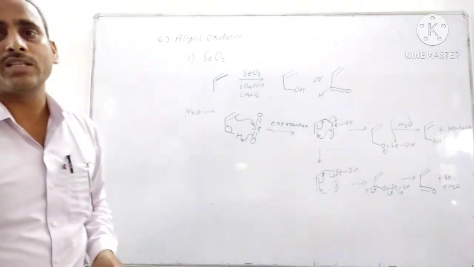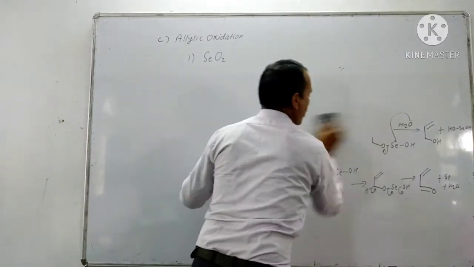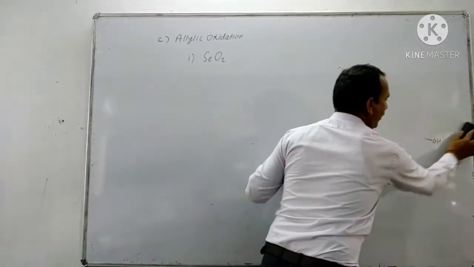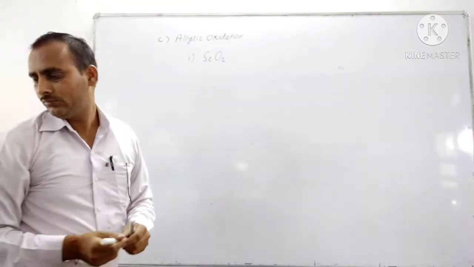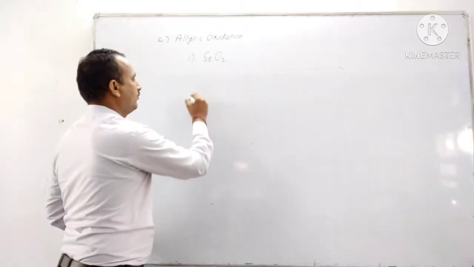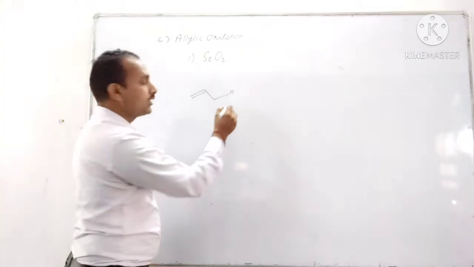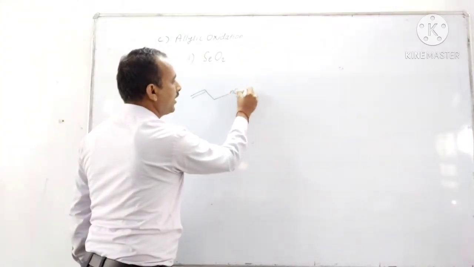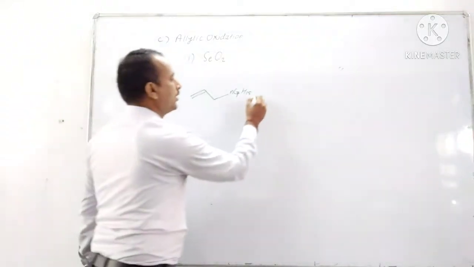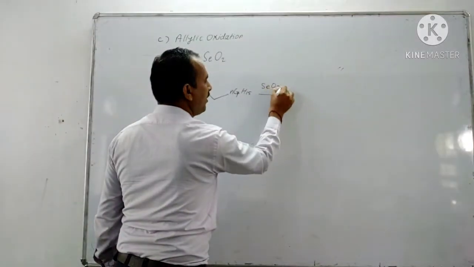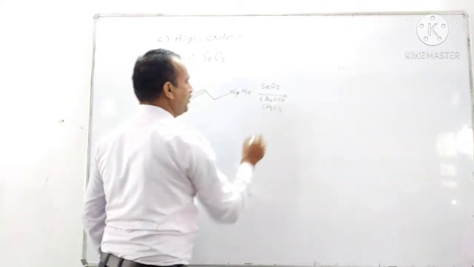Now let's see more examples of this oxidation reaction. Selenium dioxide, tertiary butyl hydroperoxide, CH2Cl2.